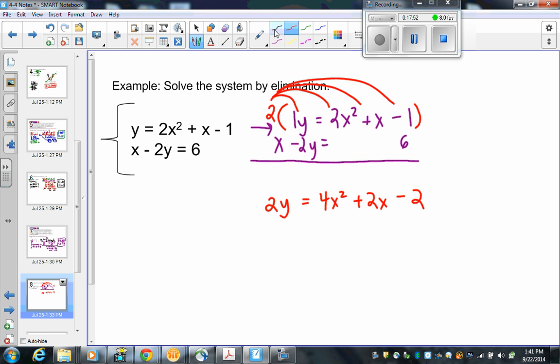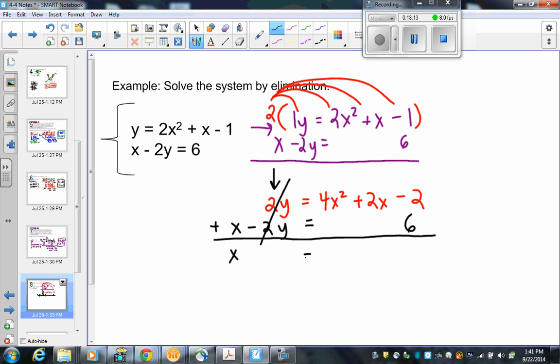My second equation would stay the exact same. x minus 2y equals 6. Now I have opposite coefficients in front of my y term. If I were to add these two equations together, my y's will now eliminate. I will be left with x equals 4x squared plus 2x plus 4.